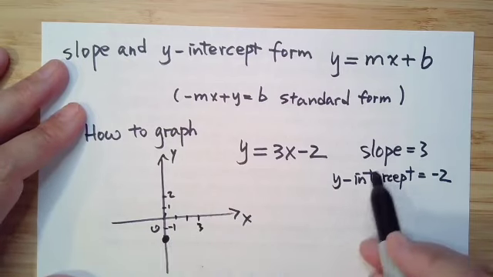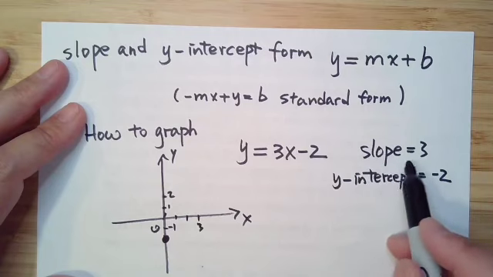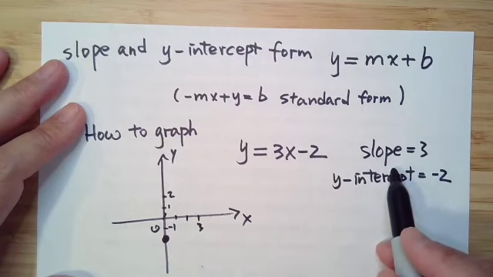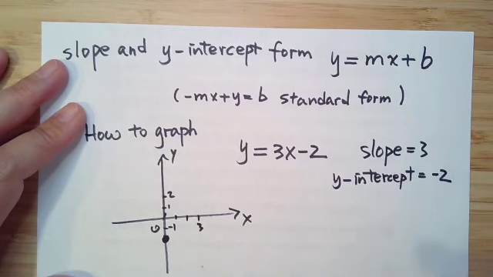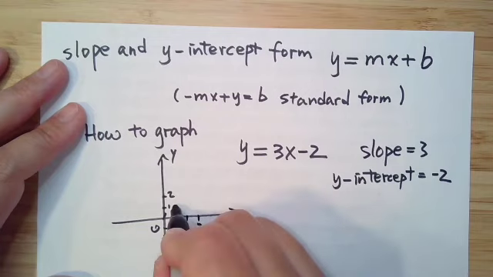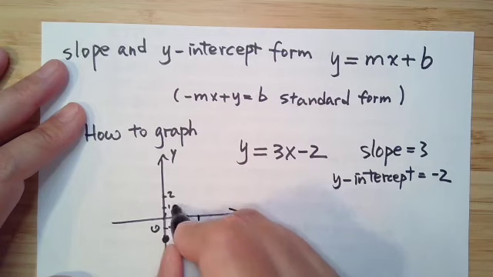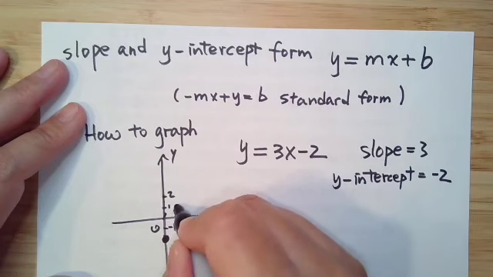What about the slope 3? Do you remember slope is rise over run? When the run is 1, then the change in y, or the rise, will be just the slope. So when x goes up by 1, y will go up by 3. So that goes here. You have another point.